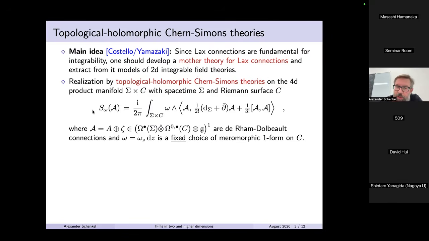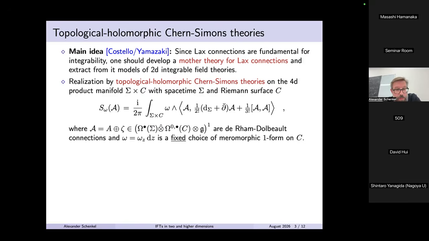We have seen that already in the previous talk, but it looks roughly like that, or it looks exactly like that. So this action is defined on a certain type of gauge fields. These are not ordinary gauge fields on sigma times C, but these are gauge fields which are modeled on the de Rham algebra on sigma.